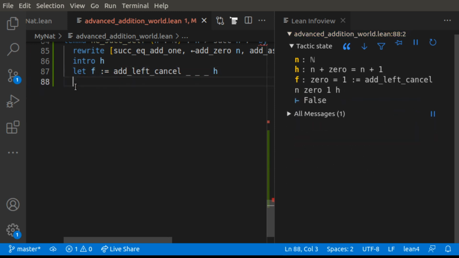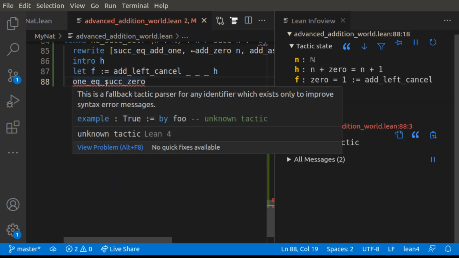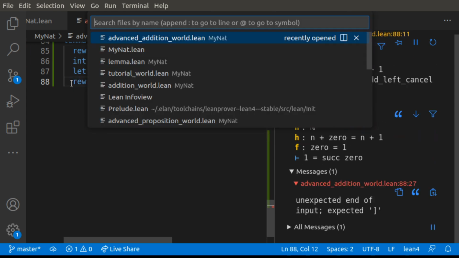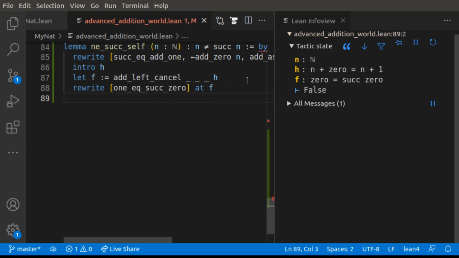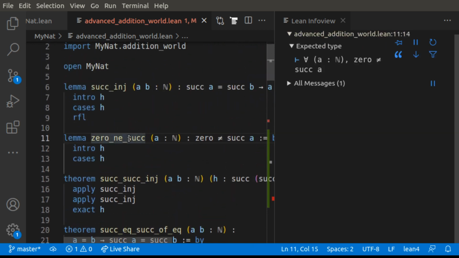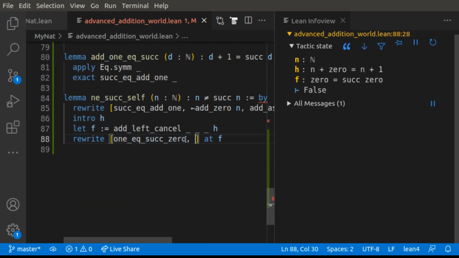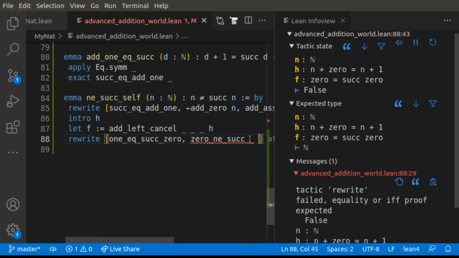Let's instead turn 1 into successor of 0, which I think we have. 1 equals successor of 0. Rewrite 1 equals successor of 0 at f. Nice. Okay. Now we can use this at f. Fill in the right variables.